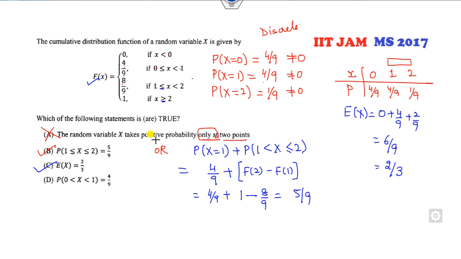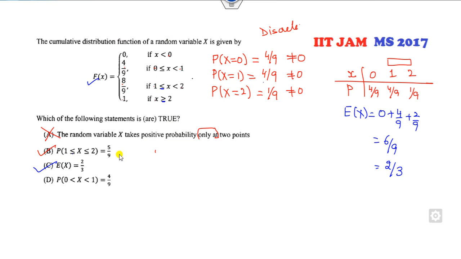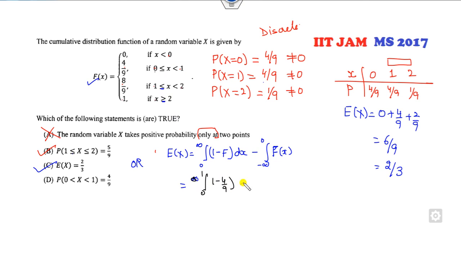Otherwise, you can also find it by using the CDF definition: the integral from 0 to infinity of 1 minus F(x) dx, minus the integral from minus infinity to 0 of the CDF. So from 0 to 1, it is 1 minus 4 over 9, plus from 1 to 2, plus from 2 to infinity, 1 minus F of x is 0.